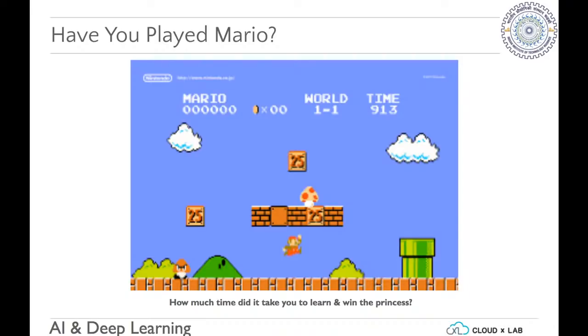The question is, can a computer do exactly the same thing? The way you learned playing Mario, I'm sure most of you know how to play Mario, right? Can a computer learn to play Mario just like the way you did?